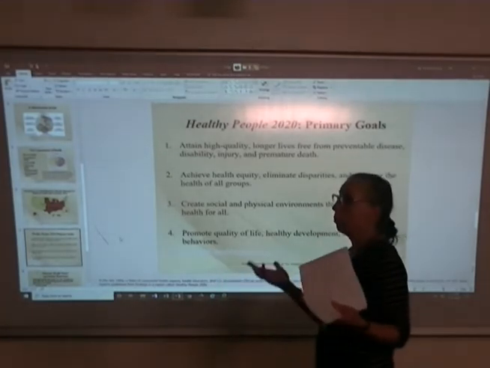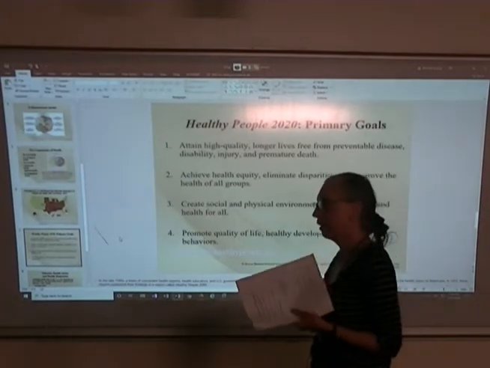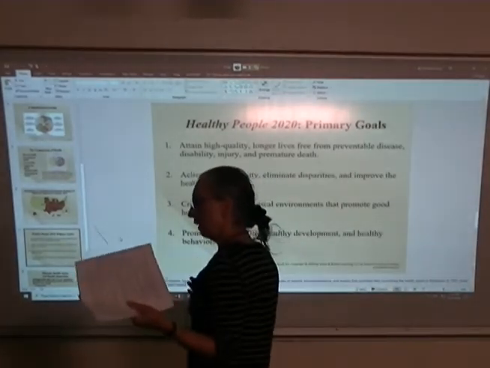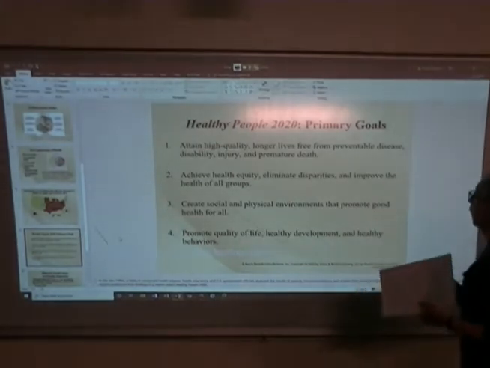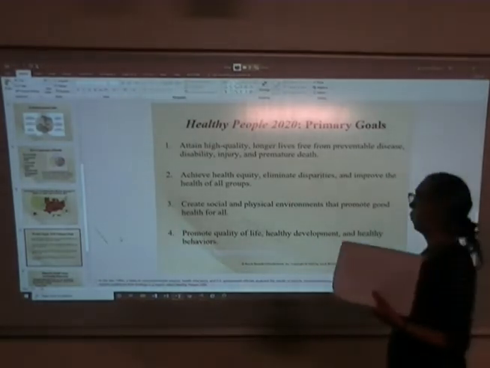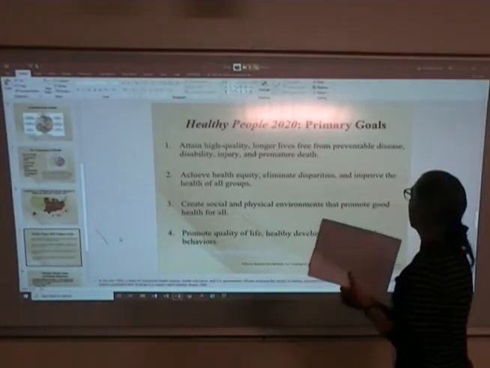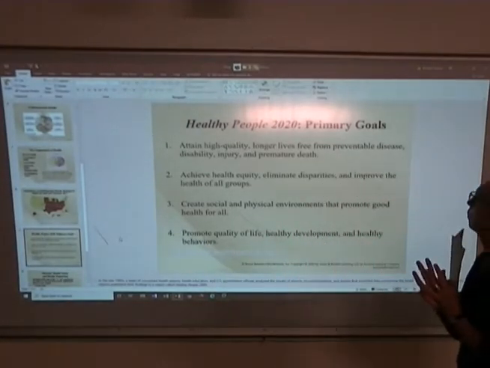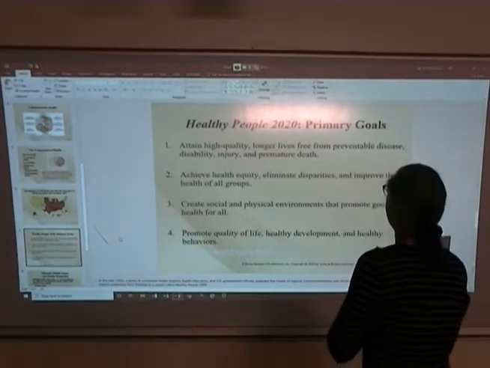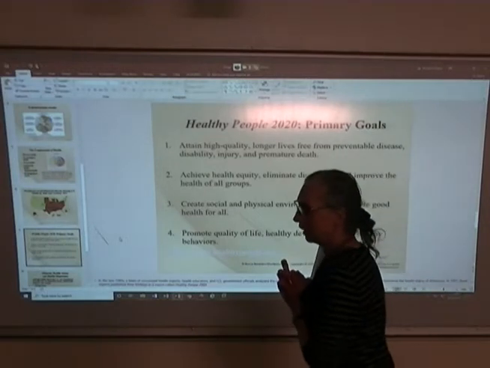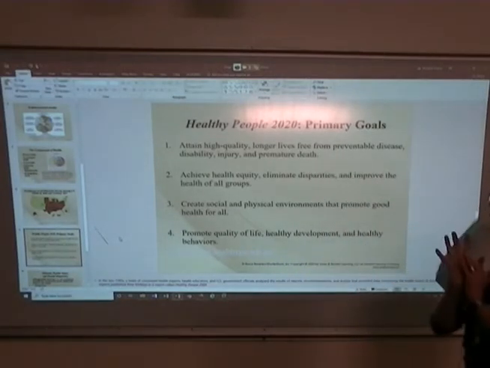There's no data reported yet. It'll take a while to collect all that data and for us to find out whether any of the states met the new goals. But the 4 primary goals were to try to provide high quality, longer lifespan, less disease, and premature death for everyone.